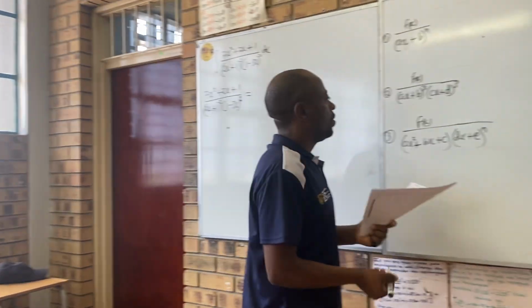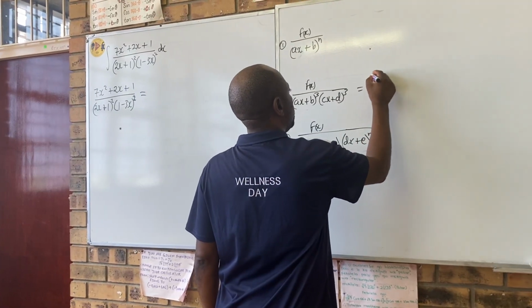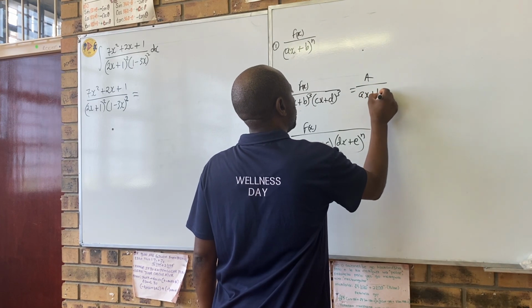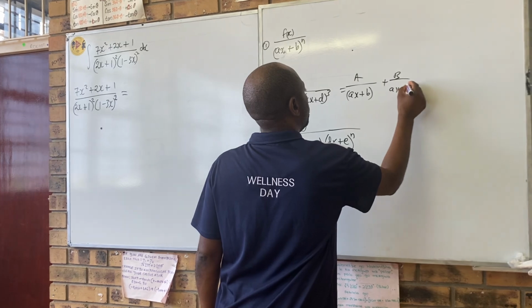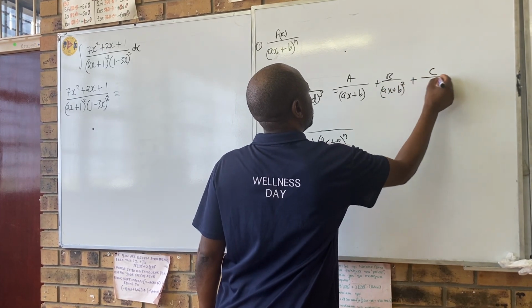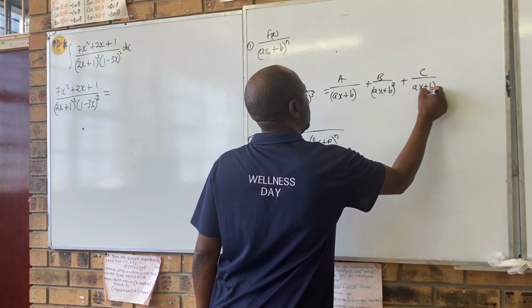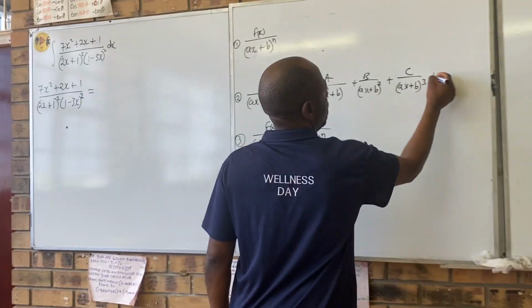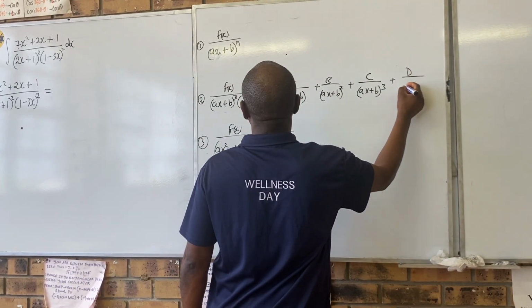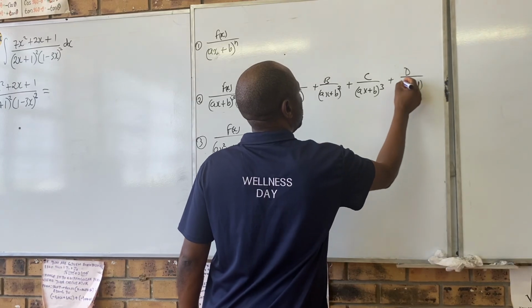On the formula sheet, it will be A on (ax plus b) plus B on (ax plus b) squared plus C on (ax plus b) cubed, going up to the power of the first factor, and then I can go to (cx plus d) and so on.